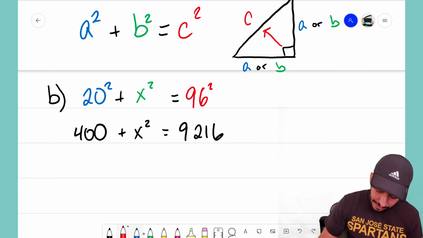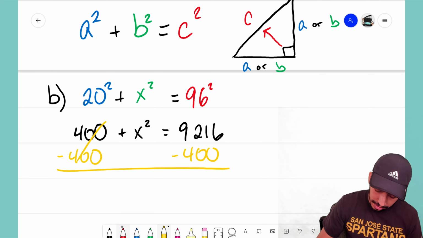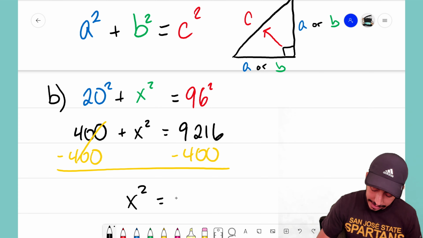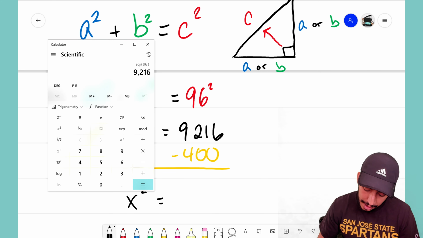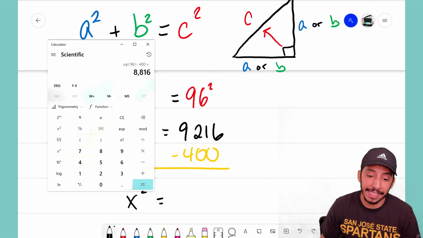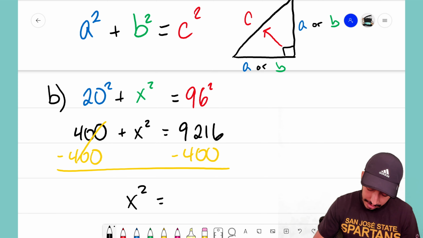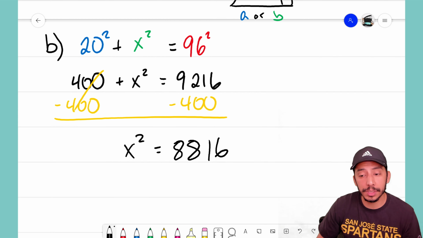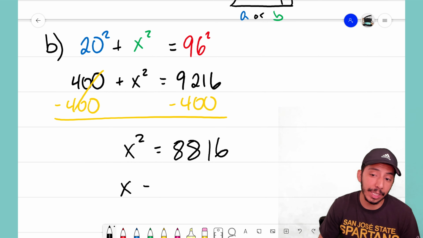I want to solve for x. So let's subtract that 400 on both sides. I'm left with x squared equals that number minus 400. And that gives us 8816. Now that's what x squared equals. I want what x equals.